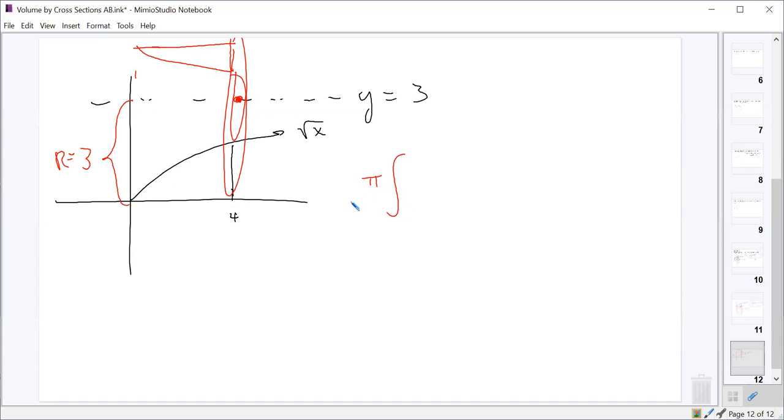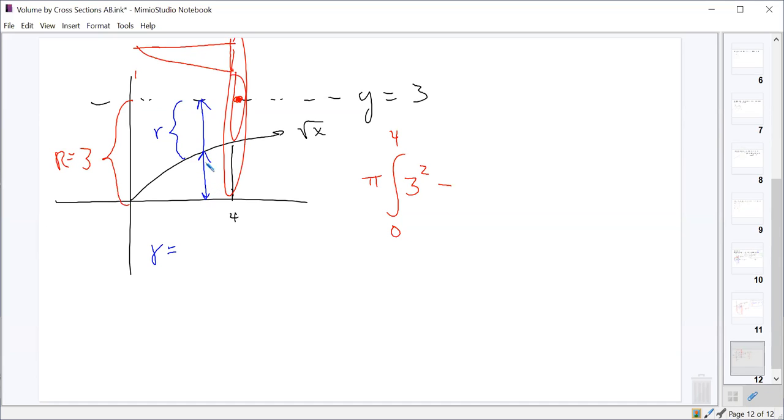So it's pi, an integral from 0 to 4, an outer radius of 3. And what's our inner radius then going to be? Our inner radius is affected by the value of the function, right? This is our inner radius. Well, our inner radius should be 3 minus the function. Exactly, this whole thing is 3.